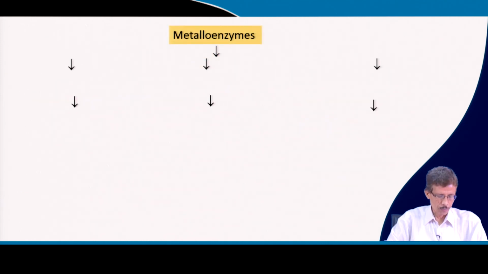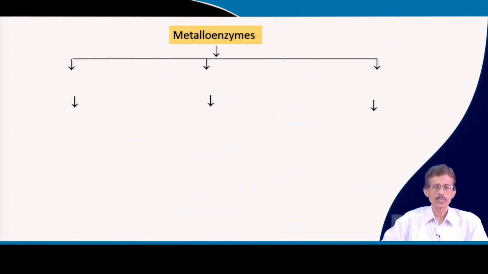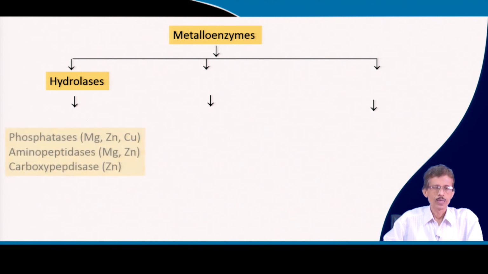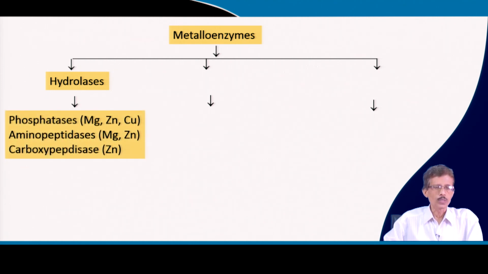Then the most interesting part is your metalloenzymes. We should not be confused about which one is a metalloenzyme and which is not. There are hydrolases. Do not worry much about this particular point, but it is my primary duty to show the classifications first, otherwise we cannot proceed. We all know the carboxypeptidases, probably you have heard the name.